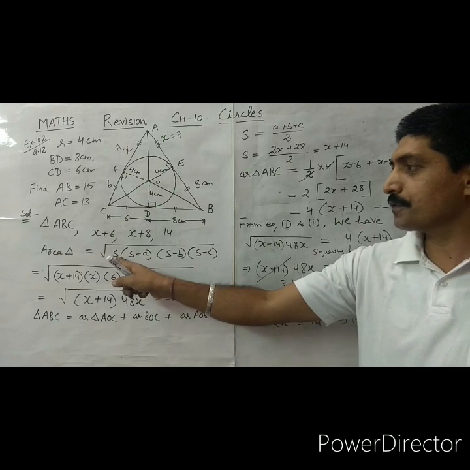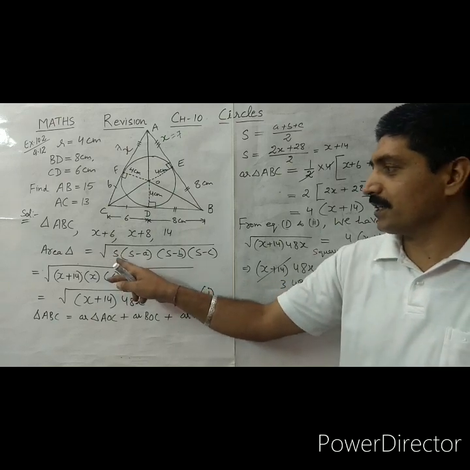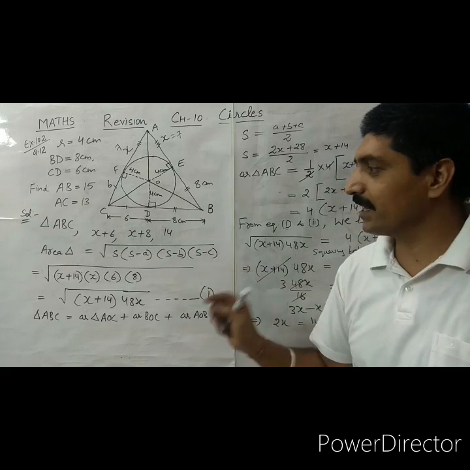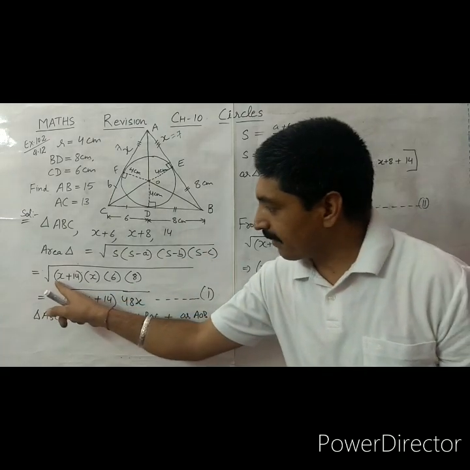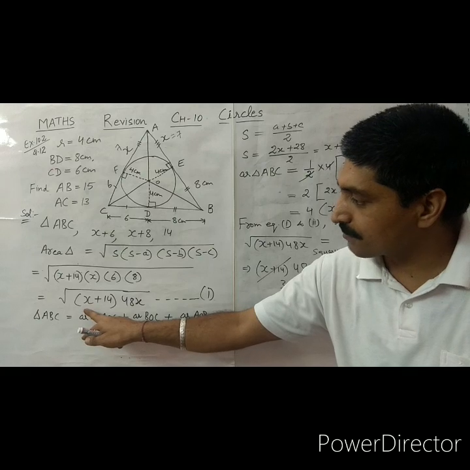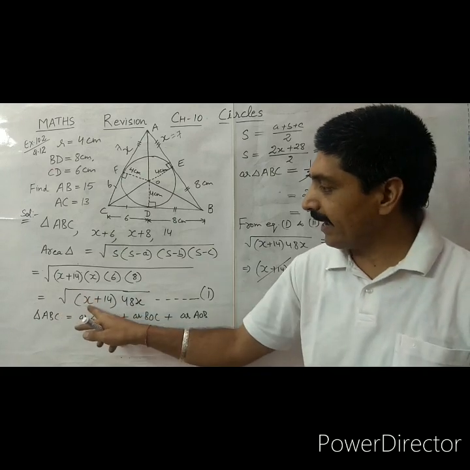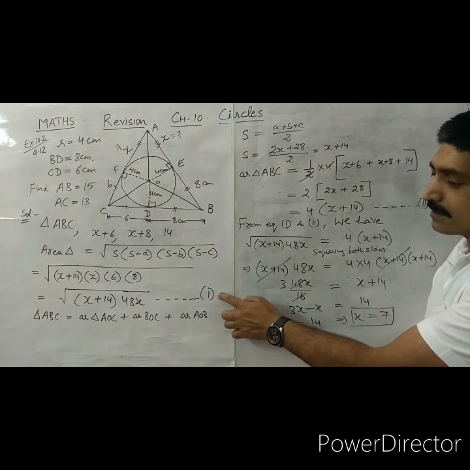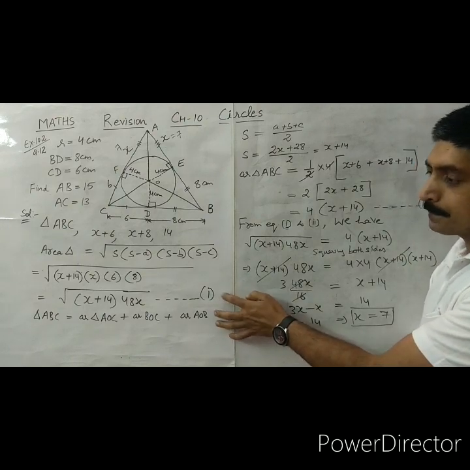By applying the Heron's formula, that is s into s minus a into s minus b into s minus c, here we have found that the area of this triangle is under root x plus 14 into 48x. This I have taken your equation number 1.